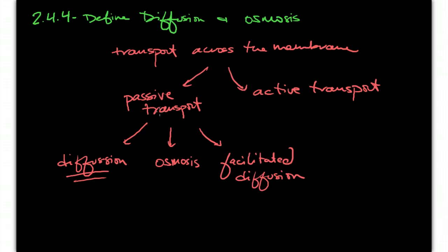So let's get started and talk about diffusion first. Before that, you should recognize that in passive transport, no energy is used, and what's happening is movement from high concentration to low concentration. That's really what we're talking about, but it depends on what we're referring to.